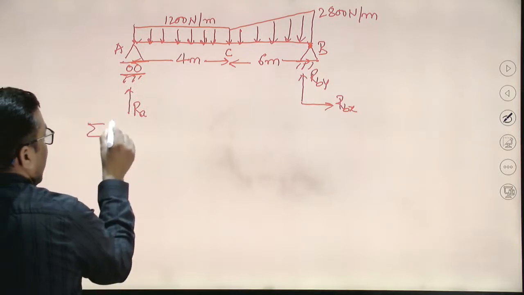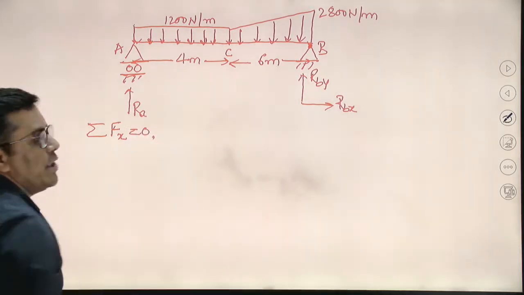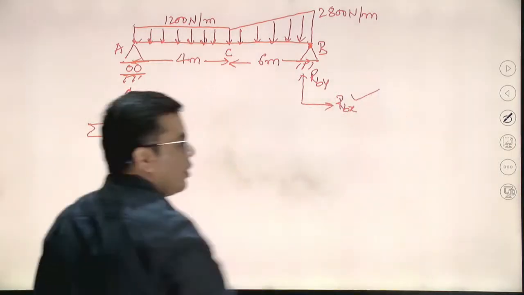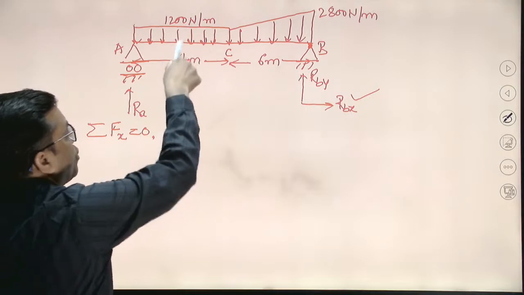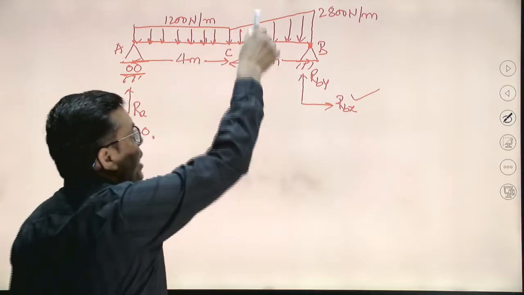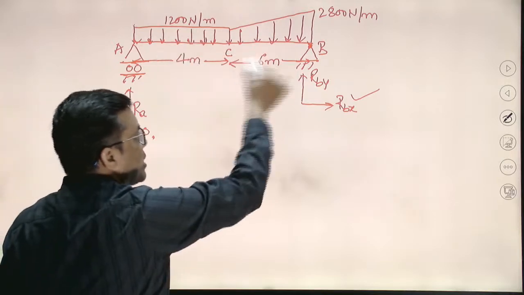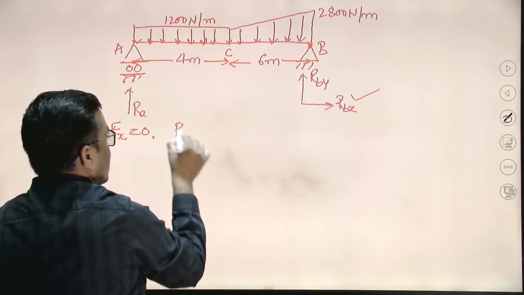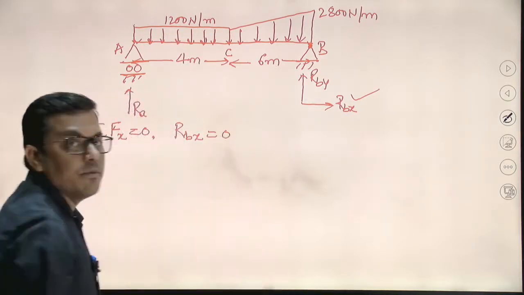Sigma Fx equal to 0. How many horizontal forces do we have? We can observe only one horizontal force, because all these loads, whether a point load, a UDL or a UVL, are vertically downward. So we are not having any external horizontal force. So what will RBX be? RBX equals 0. This is the first equation.